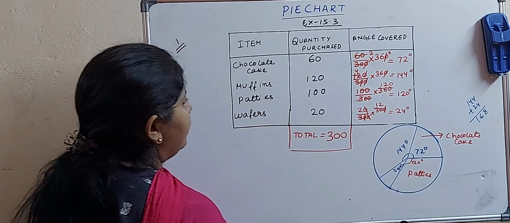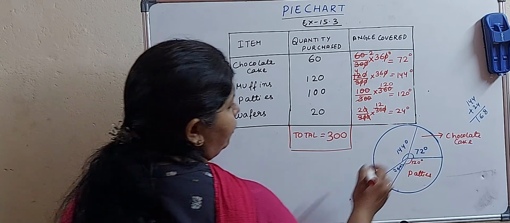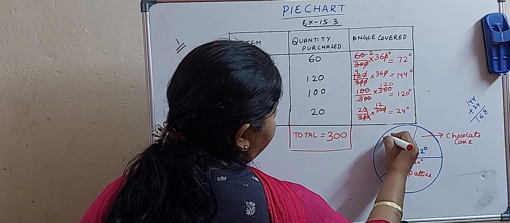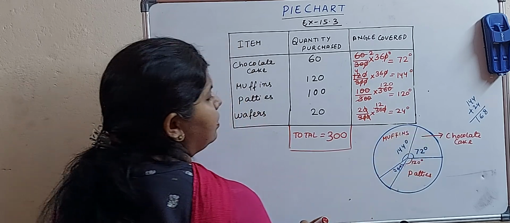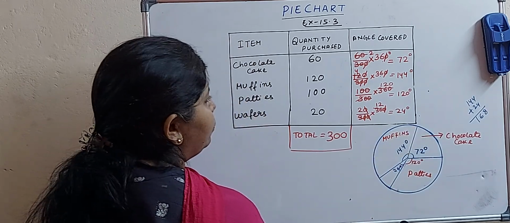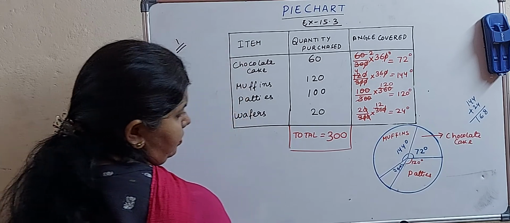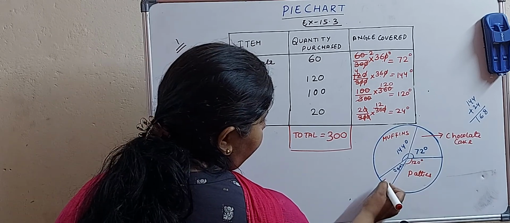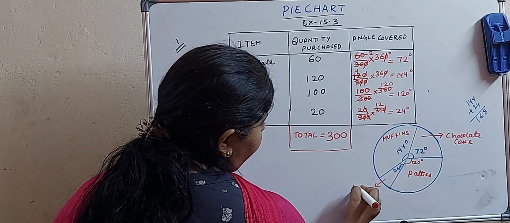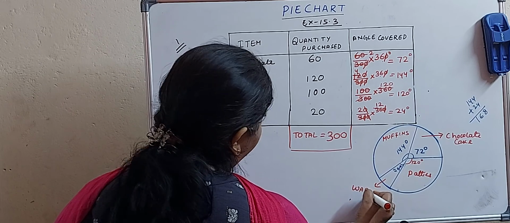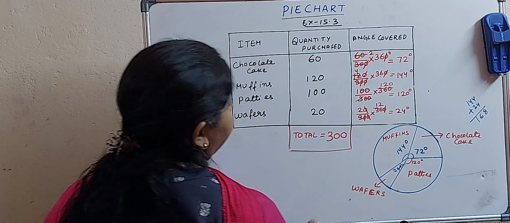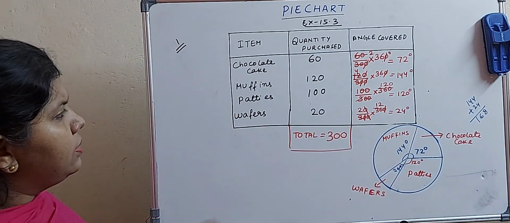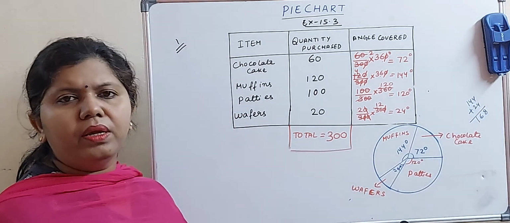Okay, it is patties. Muffins is actually 144 degrees, so here we can write muffins easily. We have space. After this, the last item is 24 degrees, that is wafers. We don't have place here, so put again an arrow and write down wafers. So this is the complete thing, how we make a pie chart.